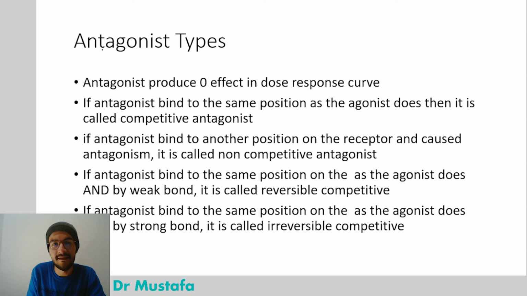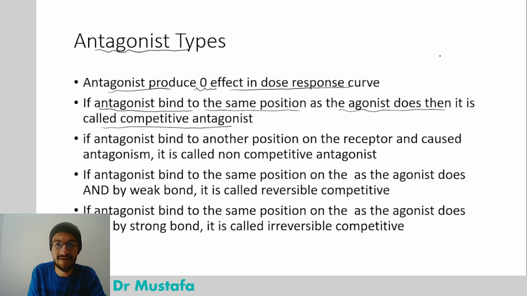Now let's talk about the antagonist types. The antagonist produces zero effect in the dose response curve. And if the antagonist binds to the same position as the agonist does, then it is called a competitive antagonist.